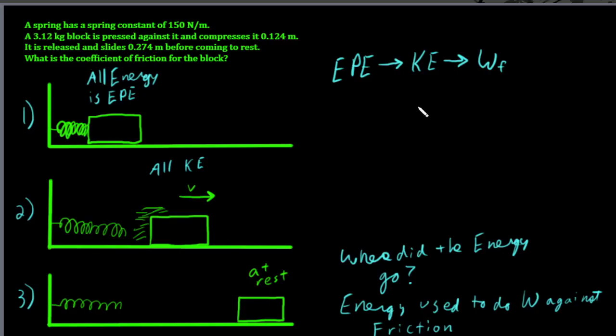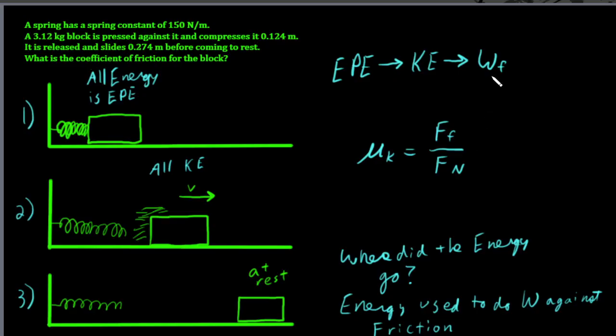All right, so the question is, what's the coefficient of friction for the block? We're looking for mu, the coefficient of friction. You may remember from our previous chapters that mu is equal to Ff divided by Fn. So we need to find Ff and Fn.